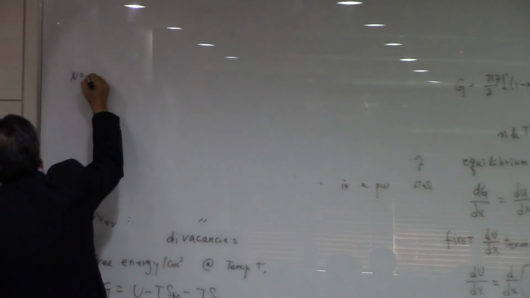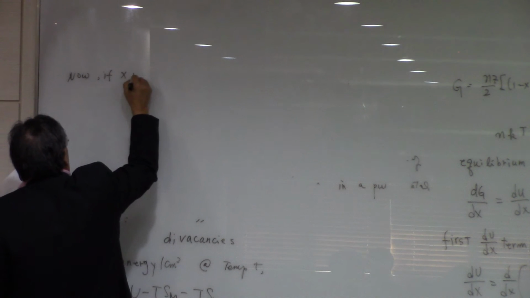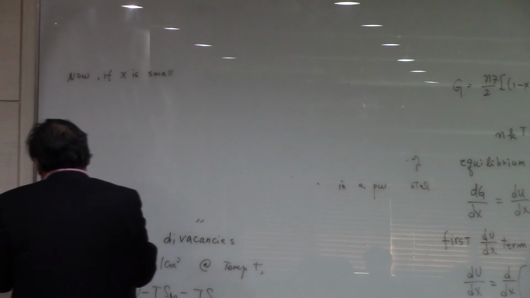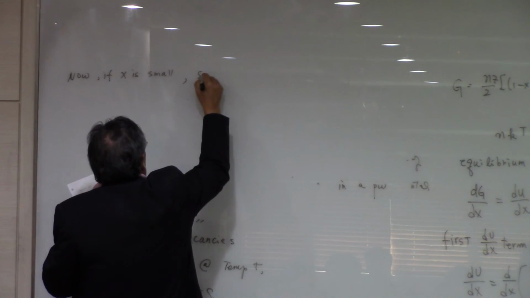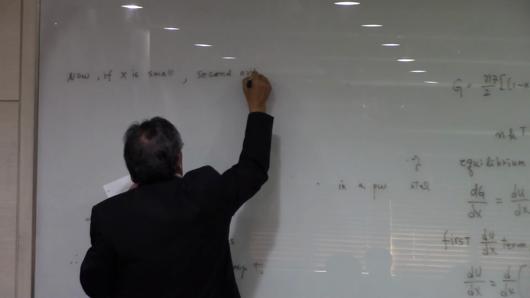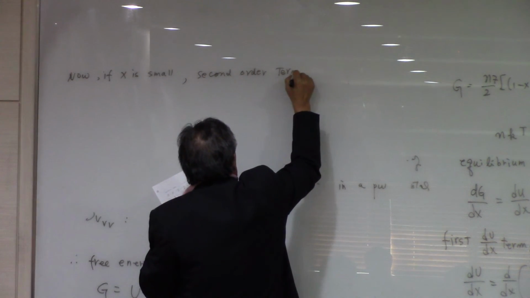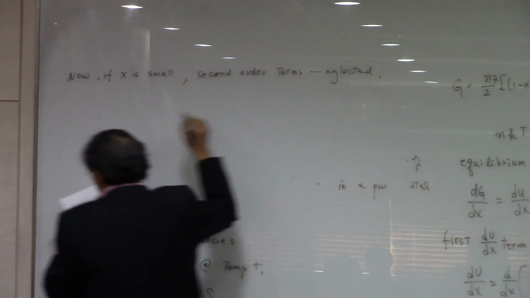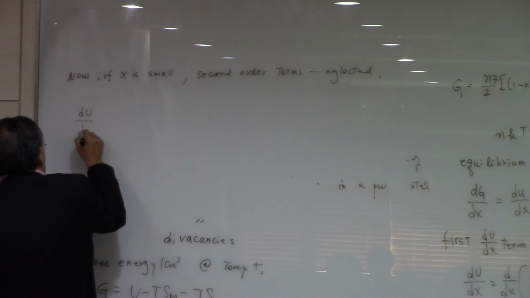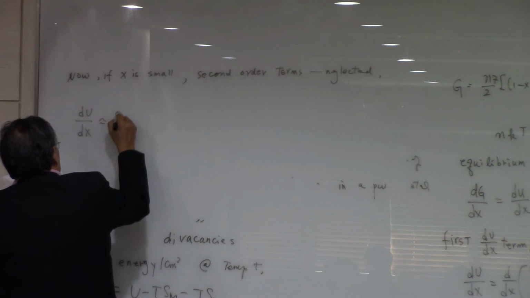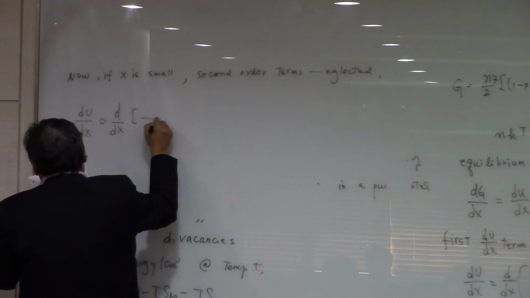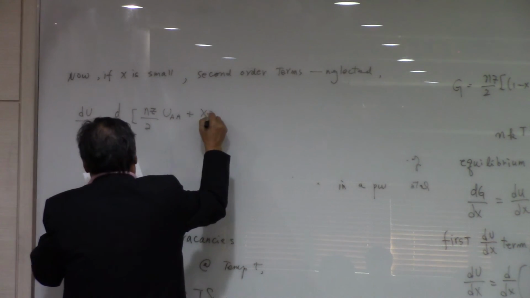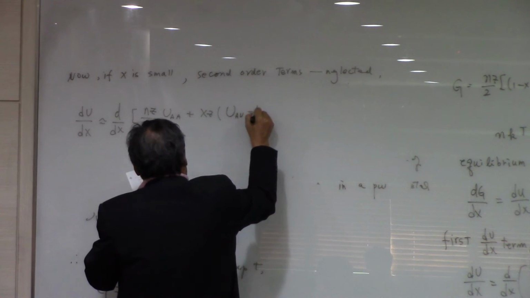Now, if x is small, second order terms neglected. Then dU over dx now can be said as d over dx of NZ over 2 times UAA plus x times Z(UAV minus UAA).